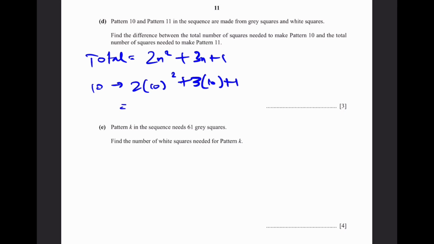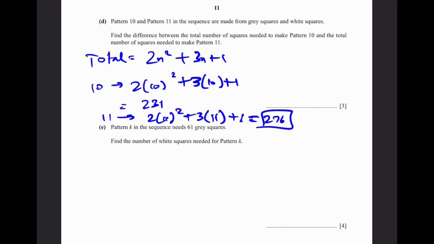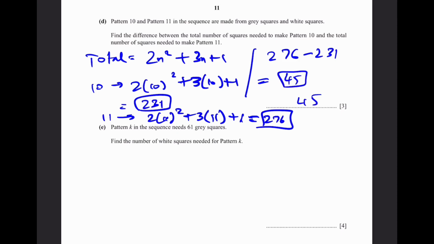That's going to be 231. And pattern 11 is going to be 2 times 11 squared plus 3 times 11 plus 1, which is simply 276. And subtracting these values to get the difference, that'll be 45.